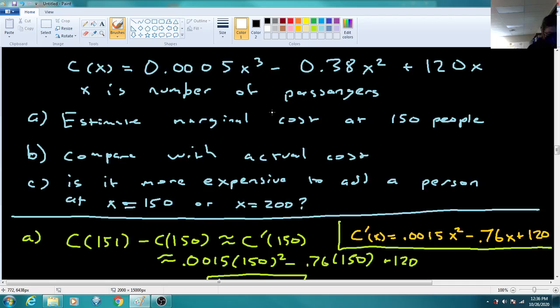And then we're going to subtract from that 0.0005 times 150 to the third minus 0.38 times 150 squared plus 120 times 150.